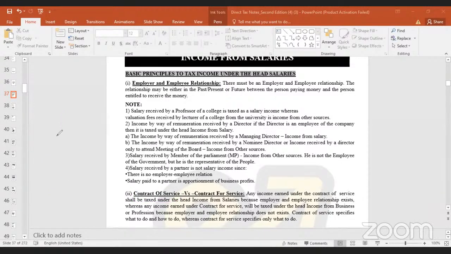Assume I'm a partner in a firm, and a client comes to our office and requests us, I'm planning to sell a site, a plot, okay? Let me know what are the taxation aspects involved in this. The client is going to tell us what to do.